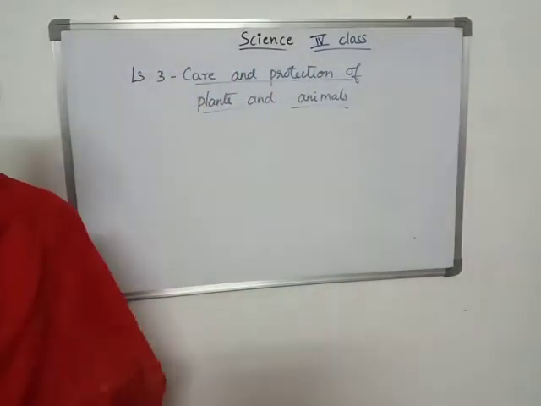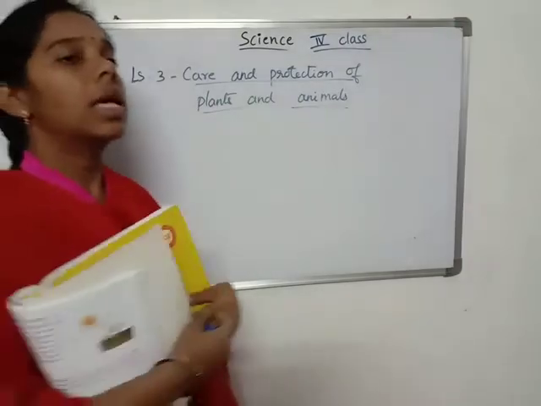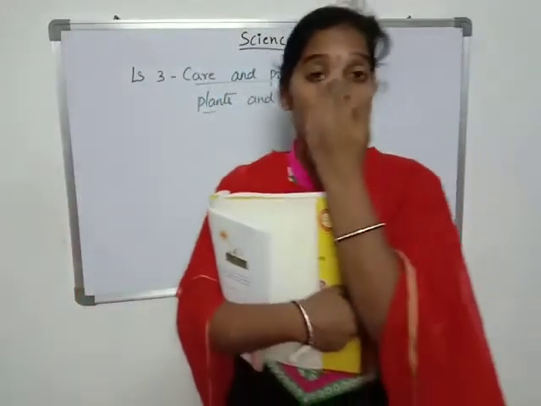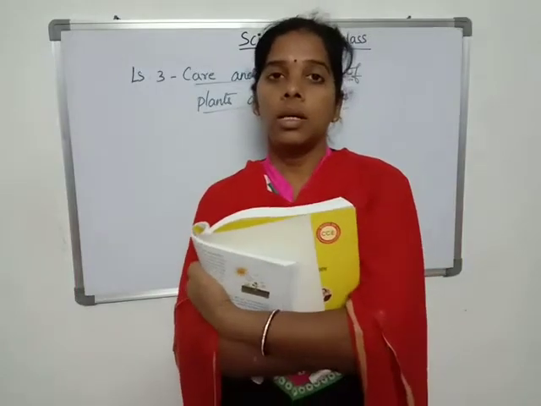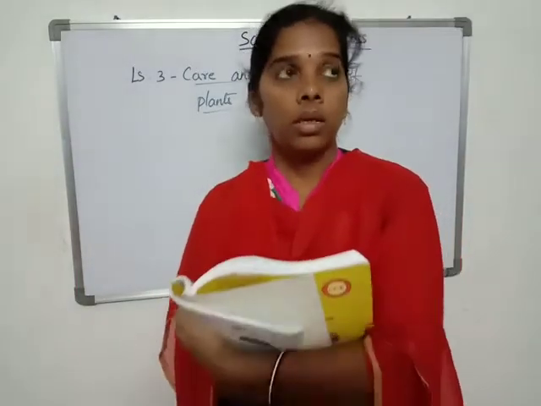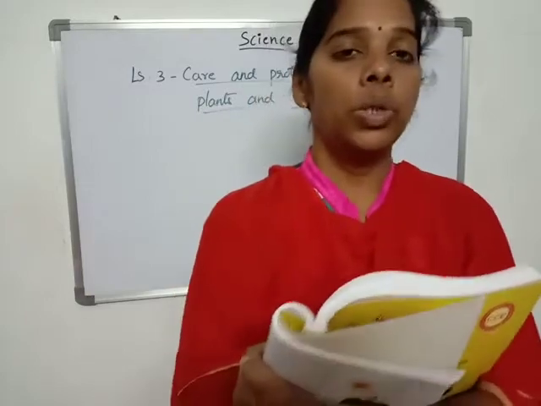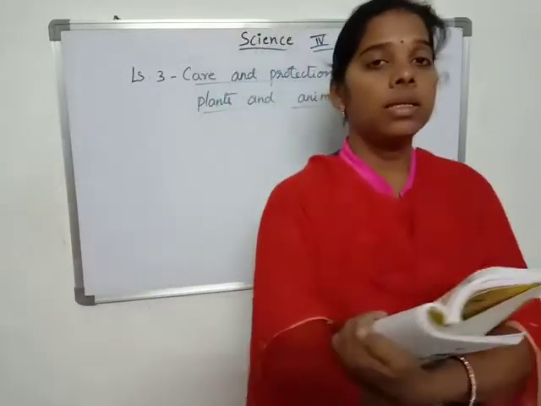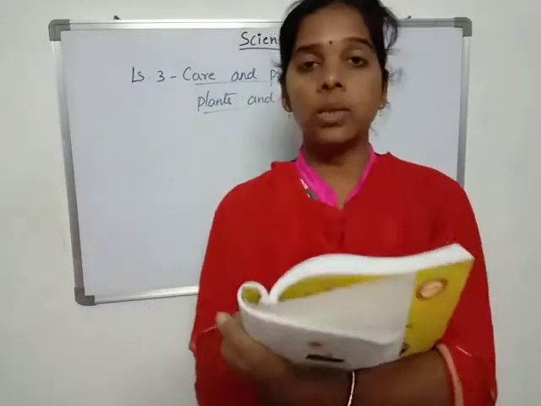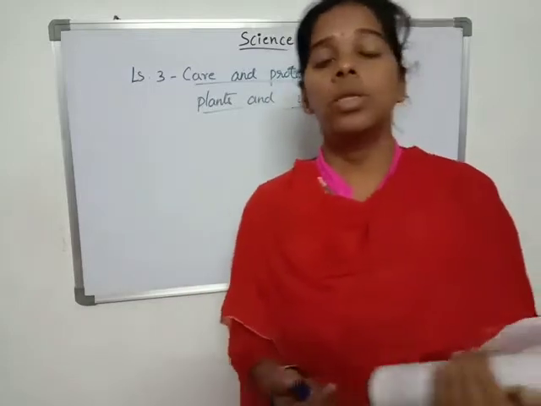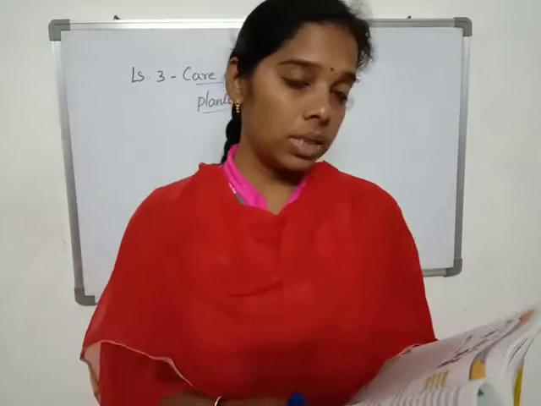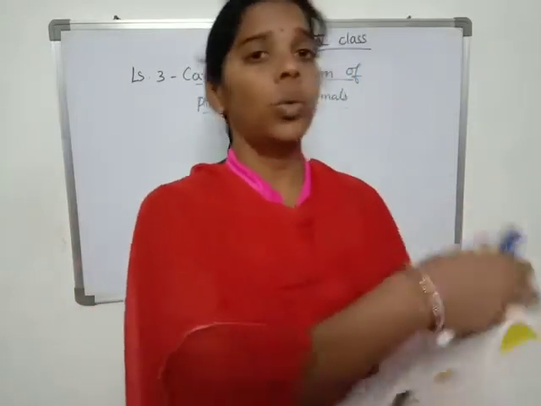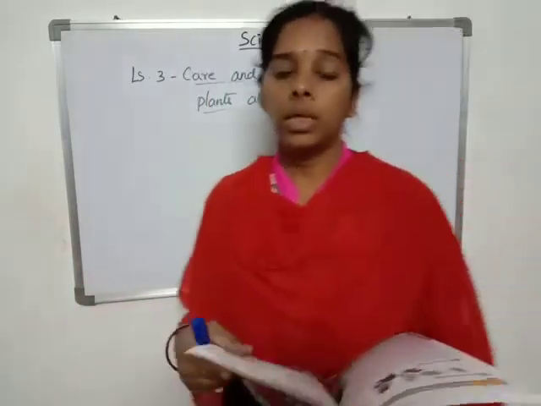Plants and animals help us in many ways, right? Plants give us food, oxygen, and so many things like clothes, wood, and all. Animals also give us food like meat, egg, milk, and they give us wool and silk so that we can make clothes.